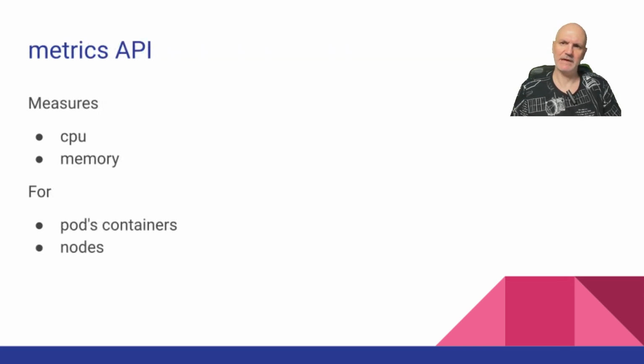The Metrics API provides CPU and memory utilization for nodes and pod containers. If your autoscaling strategy is well defined in those terms, then you do not need to use KEDA controller. All you need in that case is the Kubernetes metrics server that implements the Metrics API.